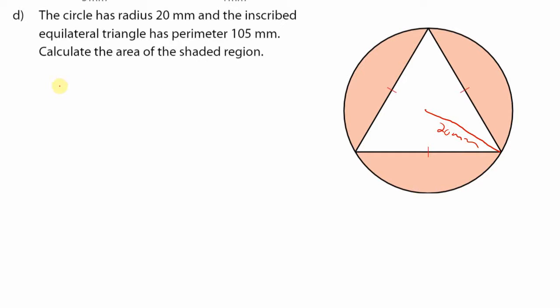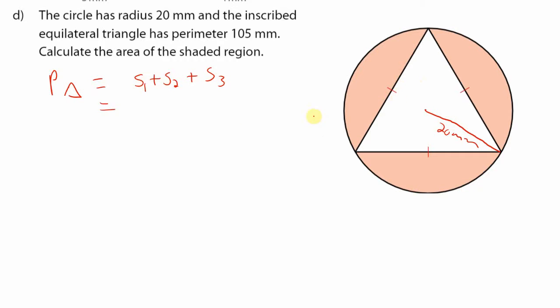So how do we calculate the perimeter of a triangle? It is side plus side plus side. But now all the sides are equal. So let's first start in the general case: side 1 plus side 2 plus side 3, where they don't all have to be equal.